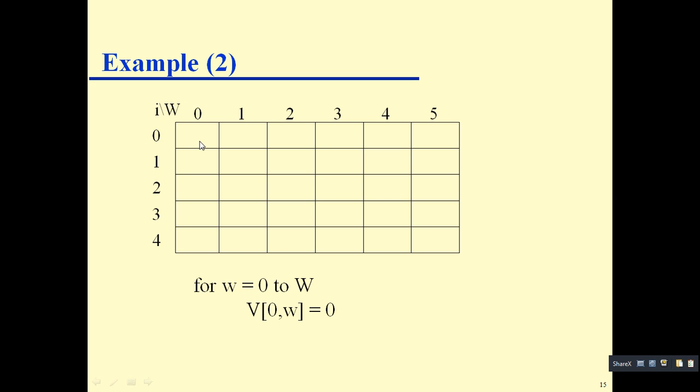So the first row and the first column will take the value 0, because we are not taking any value. Similarly, if we are taking 0 weight, again we are not taking any value, so again 0, 0, 0. I think up to this it is very clear.